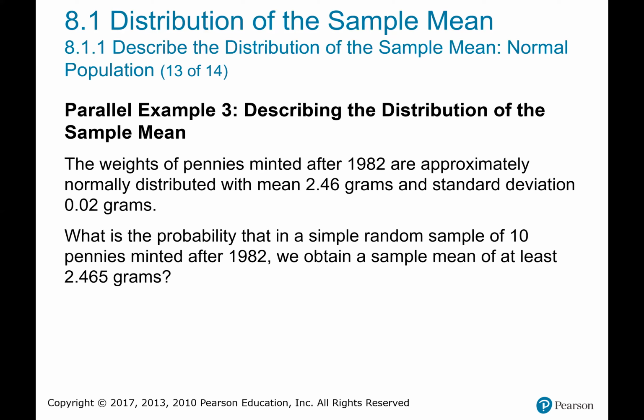When I say at least, again, guys, that means my minimum. For example, if I said at least 5, that means my minimum could be 5, and then I'm going to look for 5 and greater than that, correct? So here it says at least 2.465. That means I'm looking for area to the right.